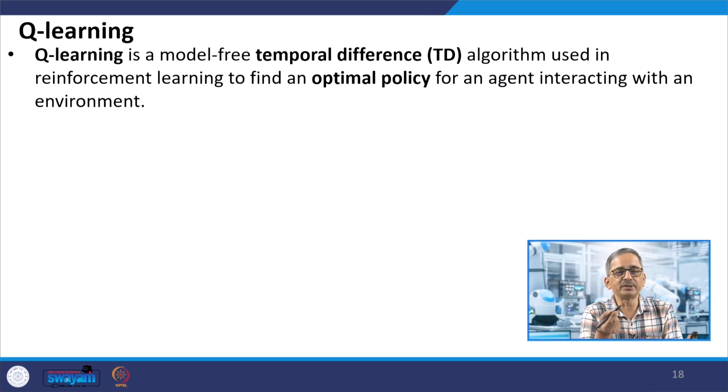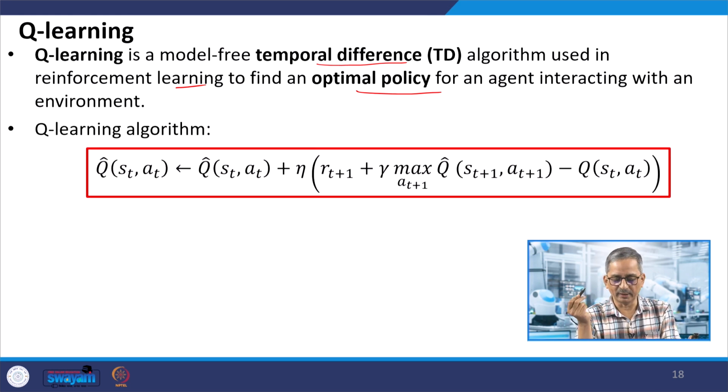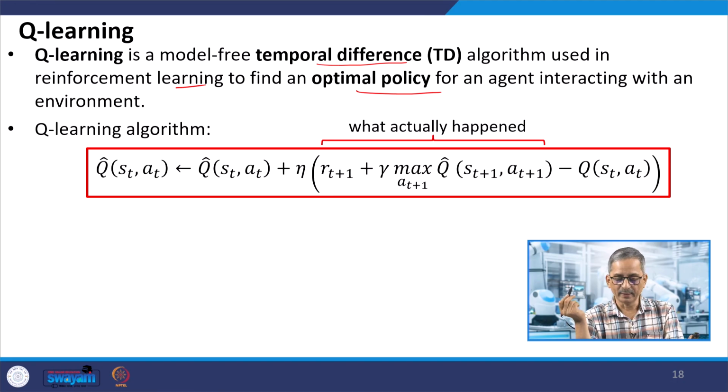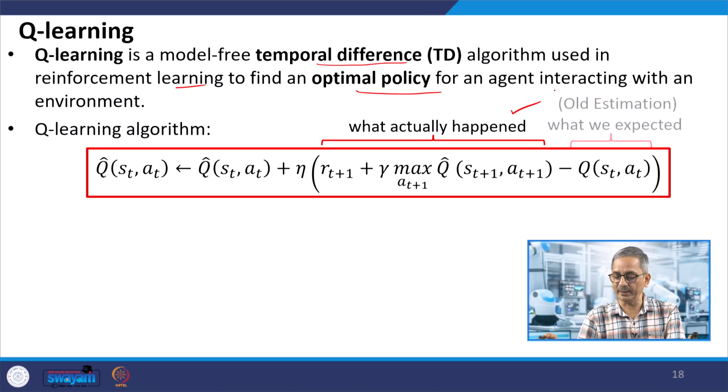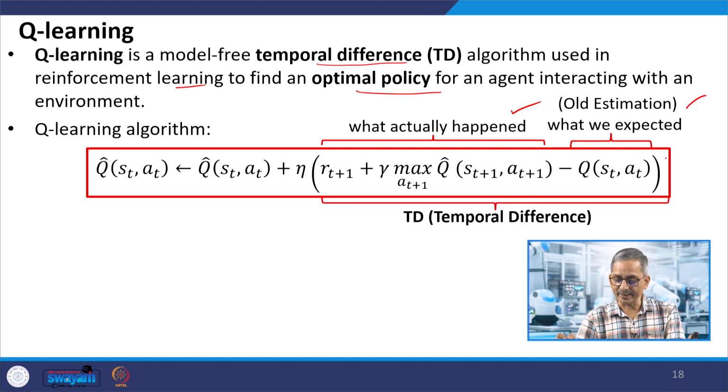Next let us look at what is Q learning. Q learning is a model free temporal difference algorithm used in reinforcement learning to find the optimal policy for an agent interacting with an environment. The Q learning algorithm comprises like this. Here it has the part for what actually happened, and you have the old estimation, that is what we expected, and the difference between them is what we call the temporal difference.